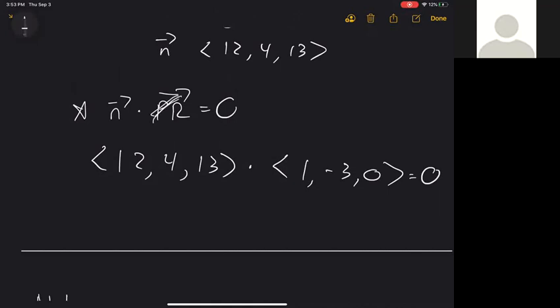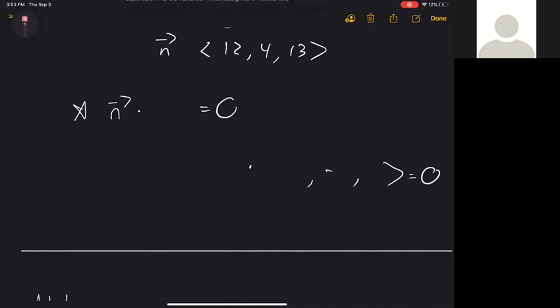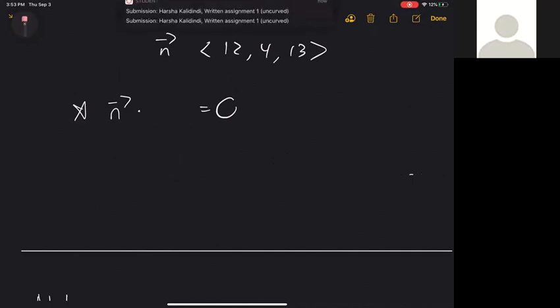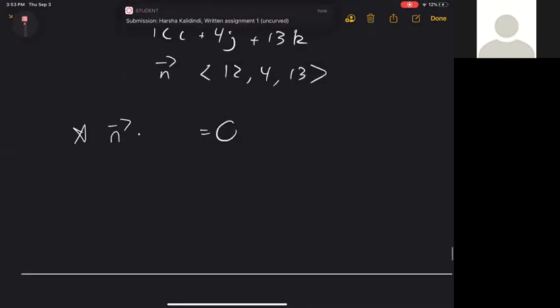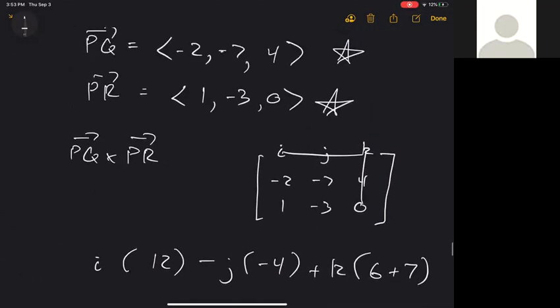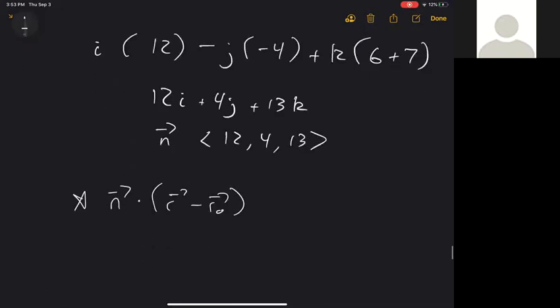This shouldn't be n dot PR. Instead of n dot PR, I should have n dot R minus R0, right? So R0 could be my PR, right?